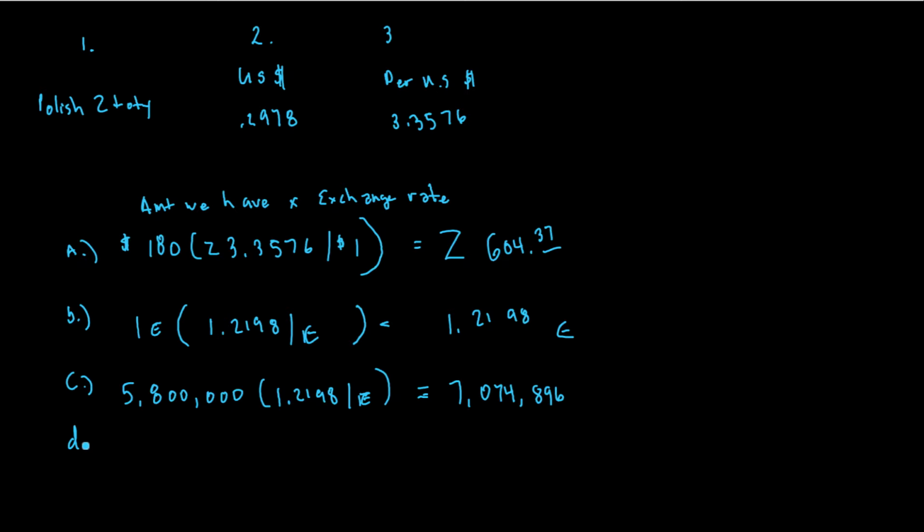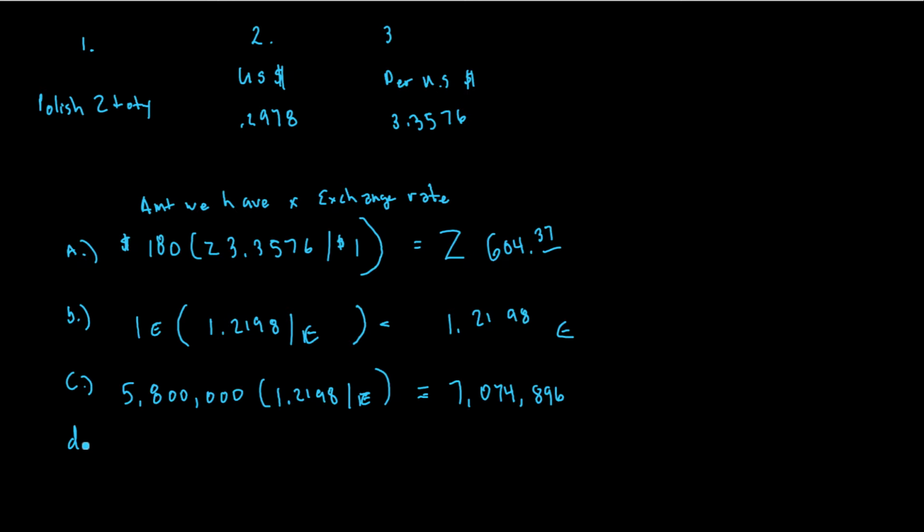The New Zealand dollar is 0.8087 and the Singapore dollar is 0.8010. So the New Zealand dollar is definitely worth more. Remember, we're quoting everything in terms of US dollar.